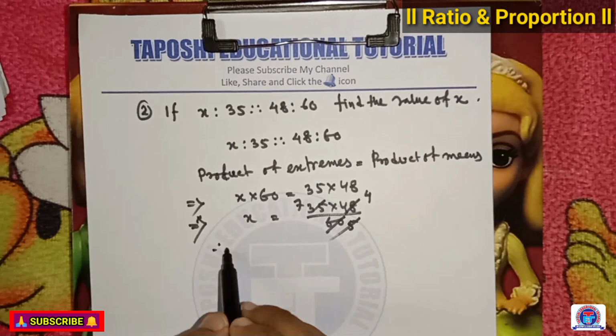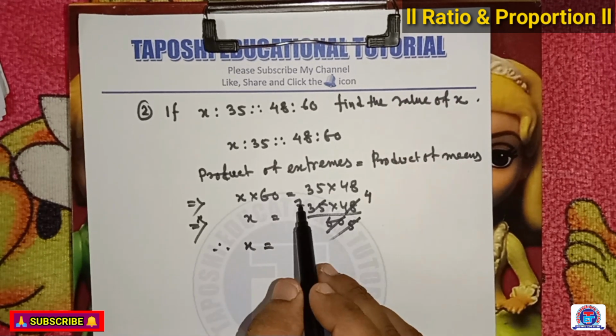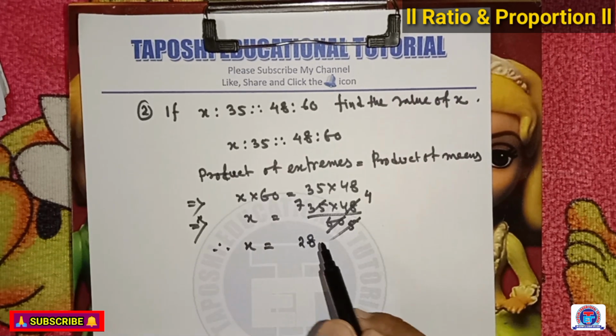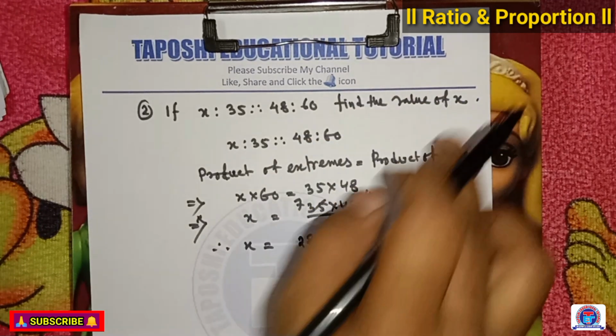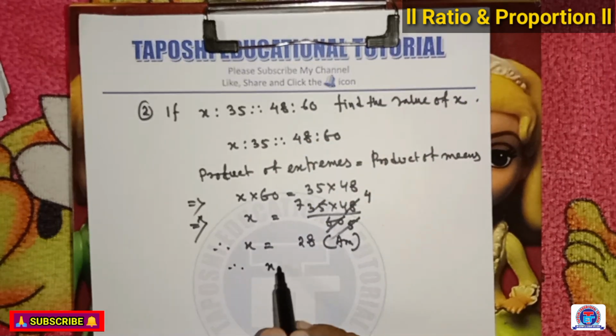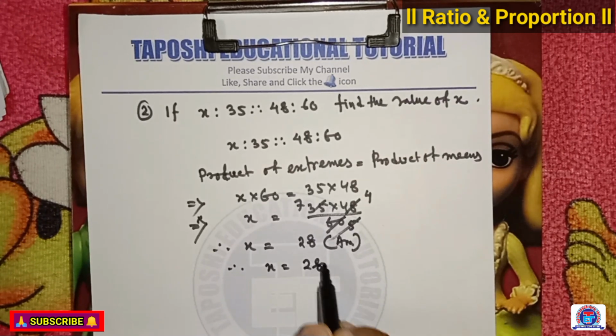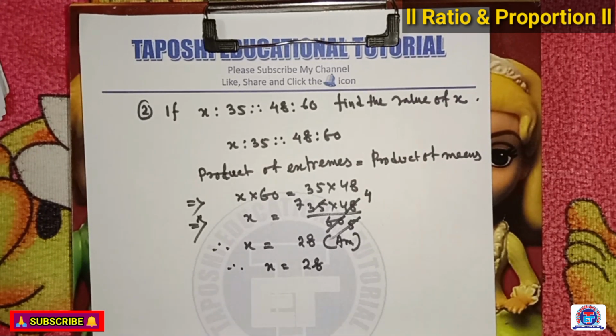So therefore x is equal to 7 4 ja 28. So this is the answer. So find the value of x. Therefore x is equal to 28. I hope you understood this mathematical problem. Correct?